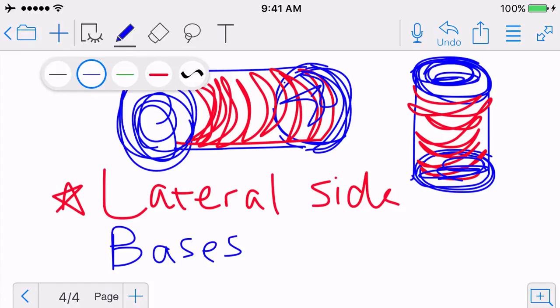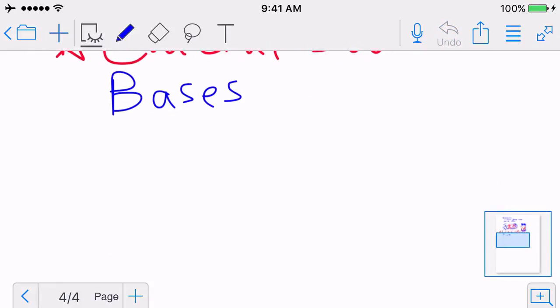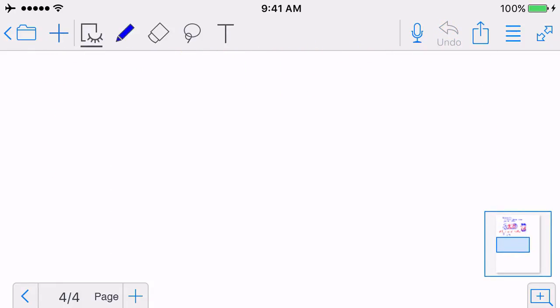Okay, so what do we do when we want to find the volume or the surface area of these guys? So let's do surface area.